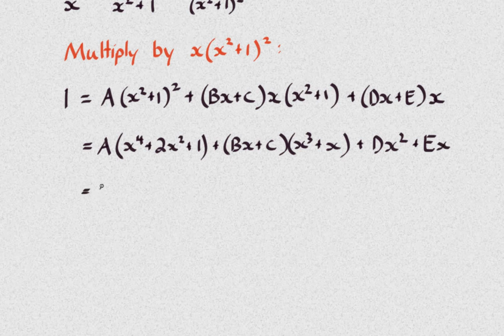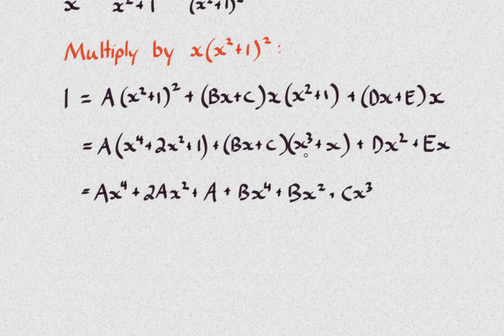Alright, if we keep going, we have ax to the 4. Then we have 2ax squared plus a. And a little bit of work to do. We've got a FOIL to do here, so we get bx to the 4 plus bx squared. Now focusing on the inner, we have cx cubed and cx, and then our last two terms remain the same.